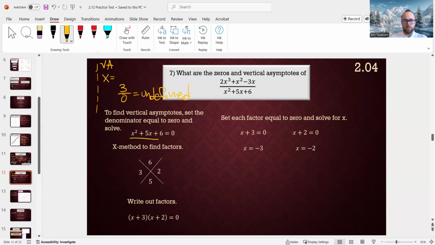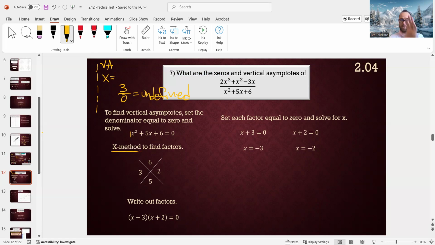So take a look at what we have. We're going to take it out of the denominator and set it equal to zero. And now we're really going to focus here. What do we have? Well, we have a quadratic with a leading coefficient of 1. Hopefully you know by now that means you can use the x method and that's all you need to do.